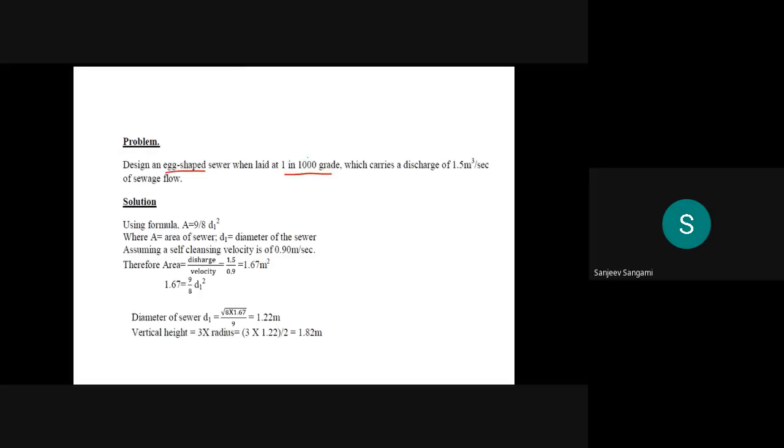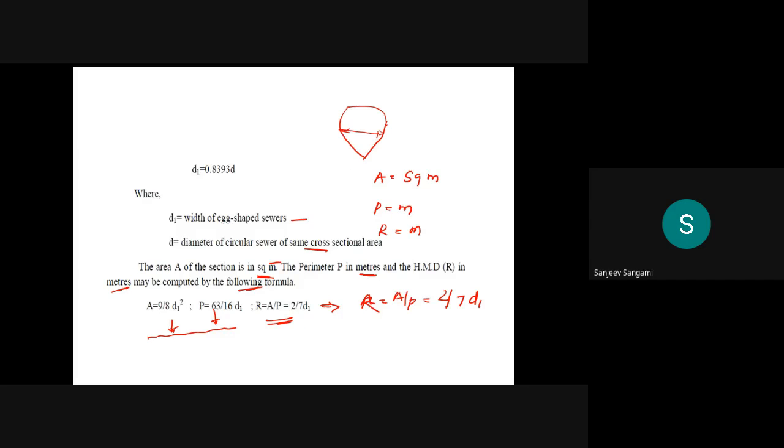So when laid at, this is the bed slope we are talking about, each carries 1.5 meter cube per second. When you want to calculate the area, use the previously discussed formula. What is that?